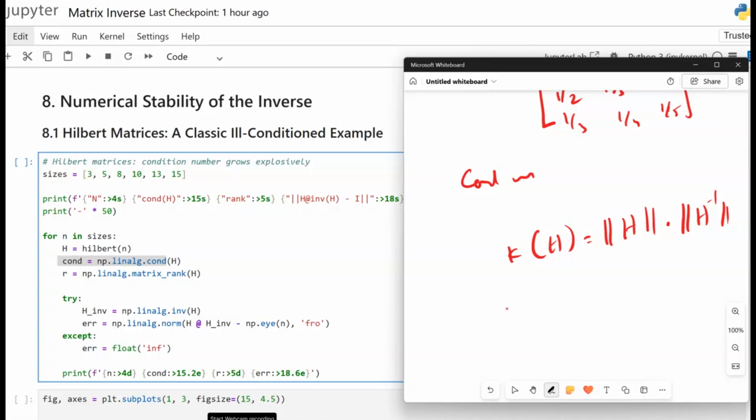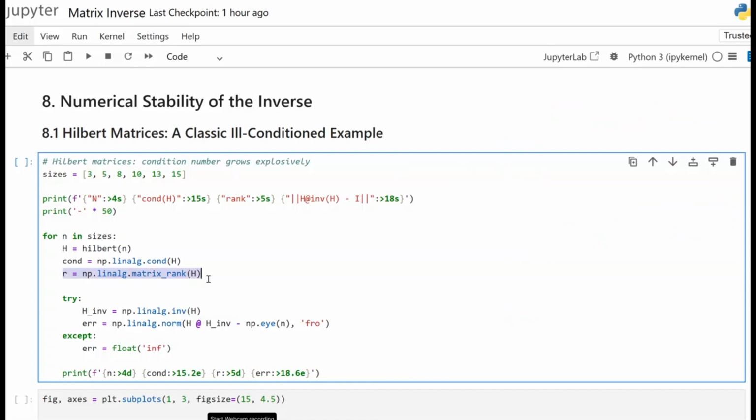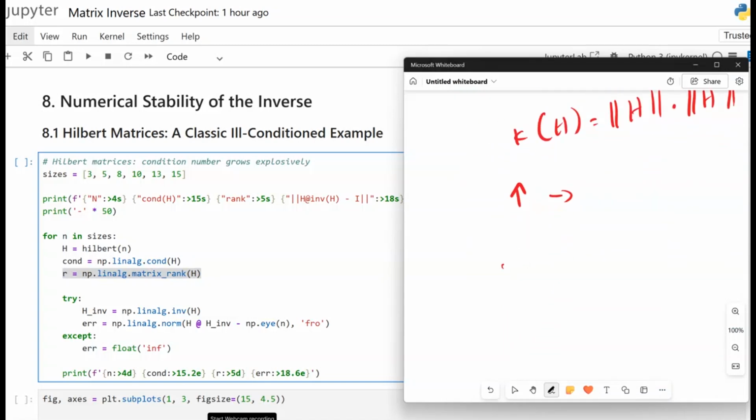Kindly observe, if kappa increases, there would be unstable computation. And we are going to have the rank. Theoretically, we all know the rank of H is n, but numerically it may appear deficient for large n.